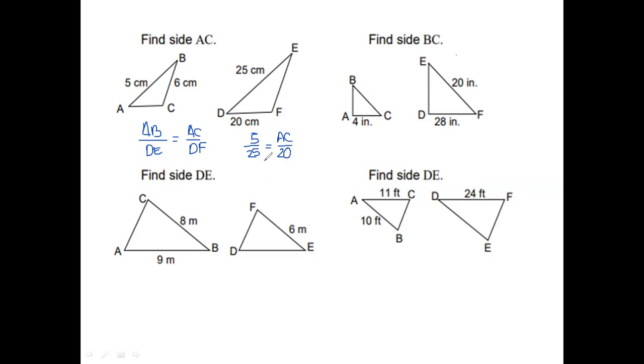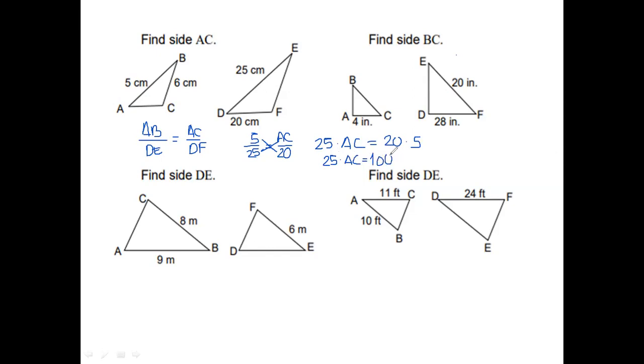So now I can multiply them crosswise. So we'll get 25 times AC should be equal to 20 times 5, or 25 times AC will equal 100.